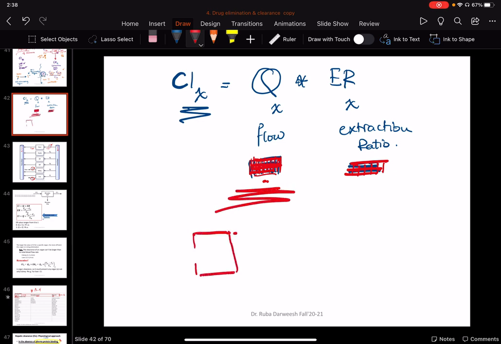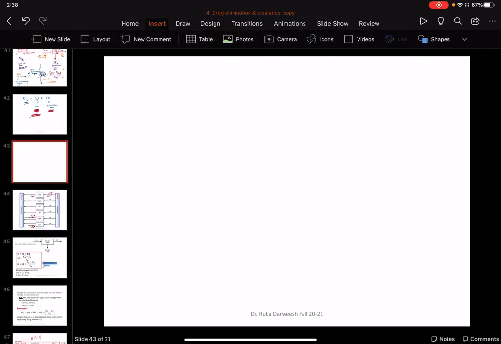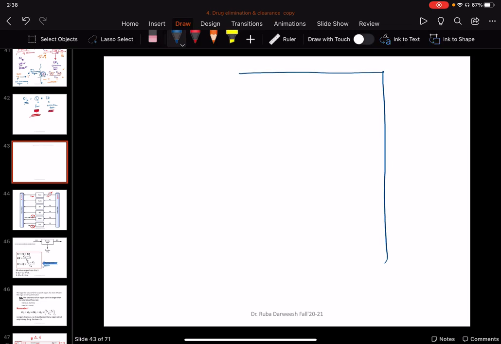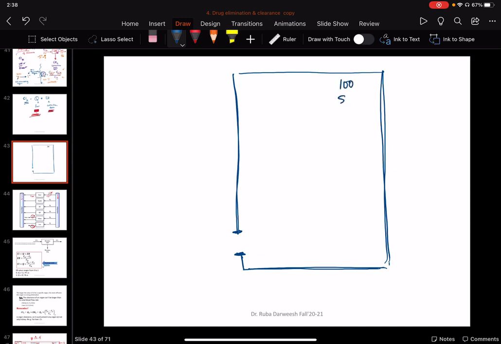Let me just draw it another way. Let's have one room, let's say your classroom, and we have the door of that room, and let's say 100 seats for the students.